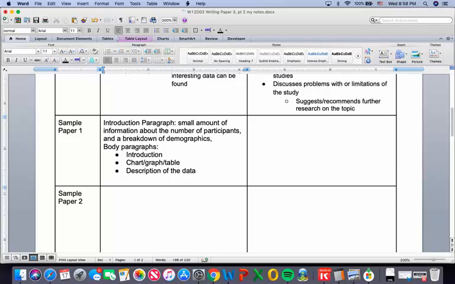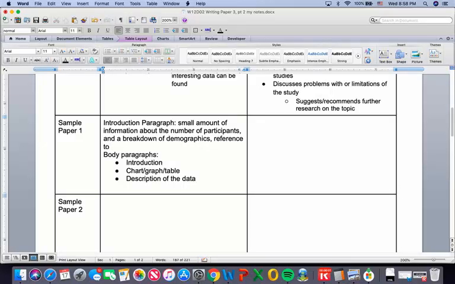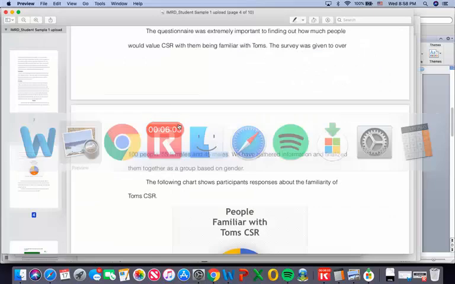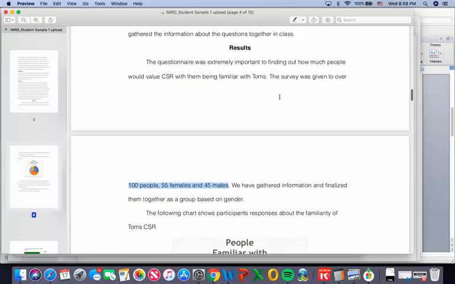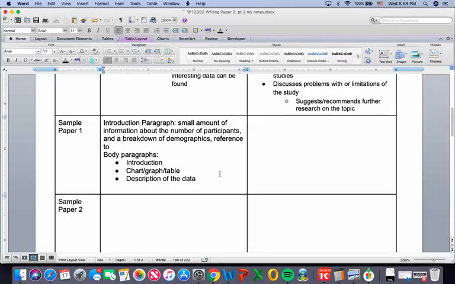And another thing that they include is a reference to the hypothesis. Actually, you know what? I take that back, because the hypothesis is the answer they think to their questions. So I'm going to say it's a little bit of a reference to the goal of the study.